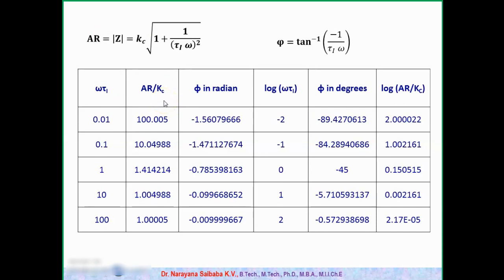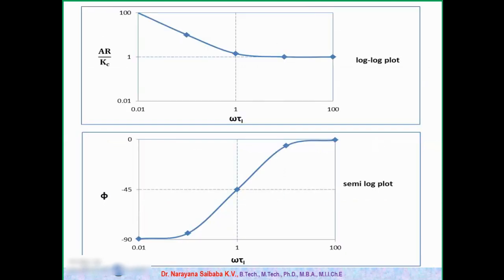If you know the Kc value, you can directly calculate the corresponding AR and phi values. If you use an ordinary rectangular graph, you have to calculate log AR and log omega values also. Phi should always be in degrees in a Bode diagram. Once we get the table, by using that table you can draw the Bode diagram like this.